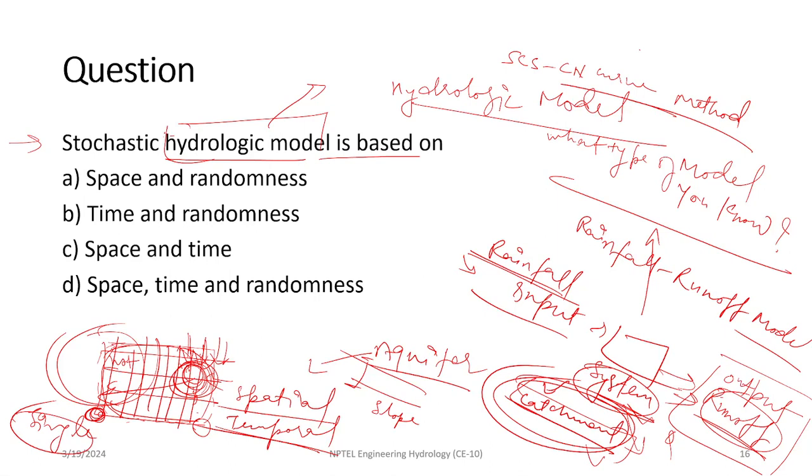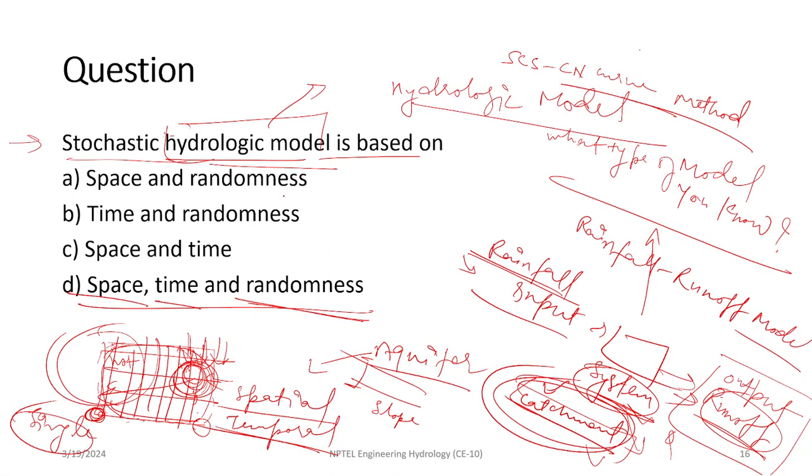So in that case randomness will be there, probability will be there, uncertainty will be there. To incorporate these things, randomness will also be an important part. So space, time and randomness, these three parameters determine the stochastic hydrologic model behavior.